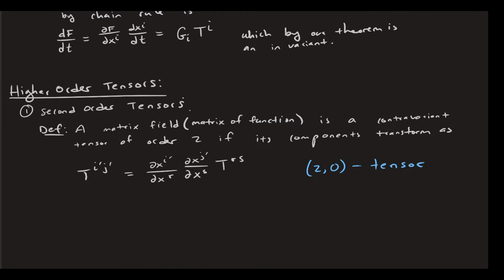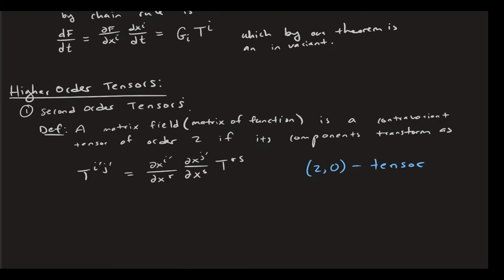Notice there's a double summation happening on the right side. To get the components in the new coordinate system, you do a double sum of these partial derivatives times the components of the old coordinate system. Quite an involved process if you actually do it out, but we're not doing that right now. We're just writing down the general definition. So that is the definition of a 2-0 tensor.